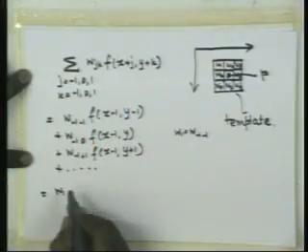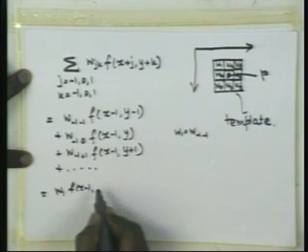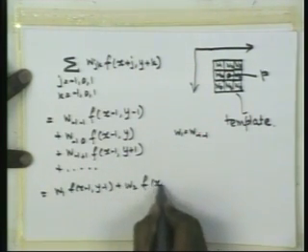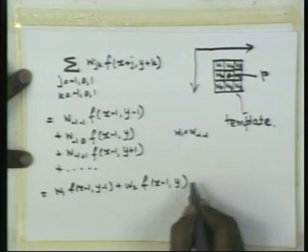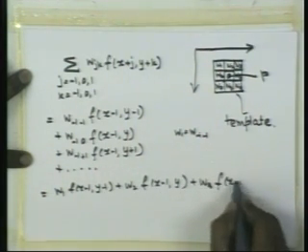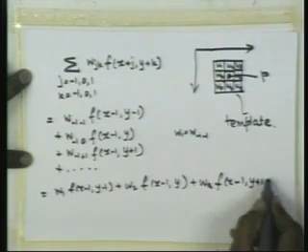So this one, for example, is going to be simply w1 times f(x minus 1, y minus 1) plus w2 times f(x minus 1, y) plus w3 times f(x minus 1, y plus 1).